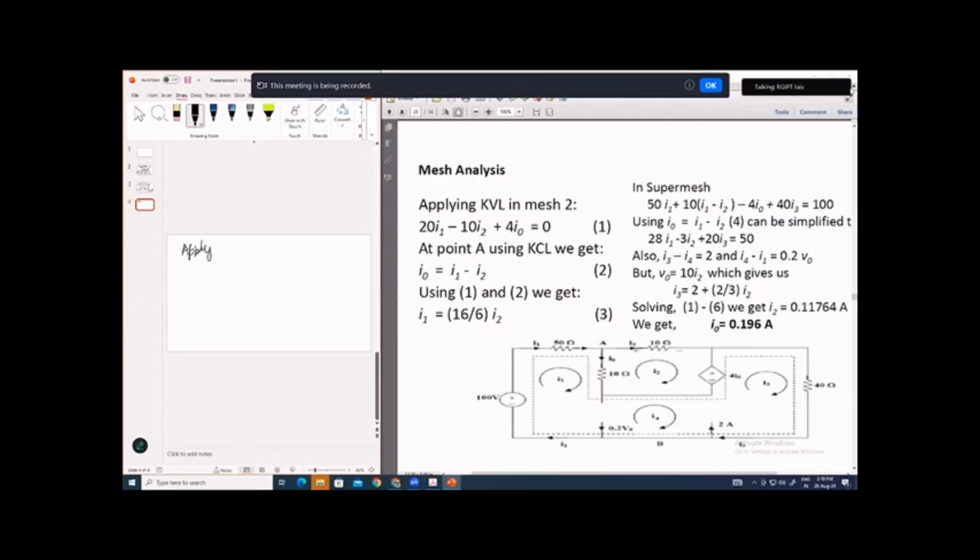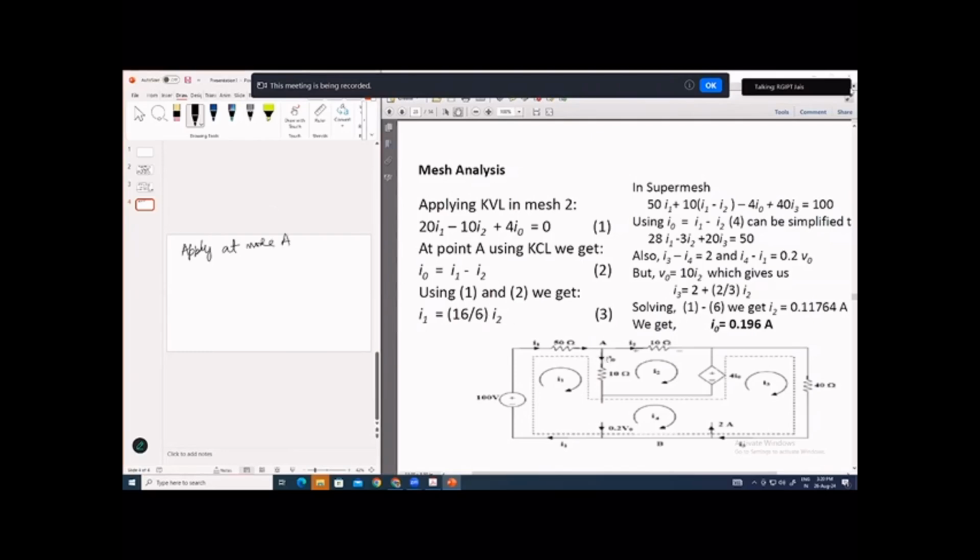Someone write in the chat. What was the basic idea of KCL? Incoming current equal to outgoing current, yes, correct.